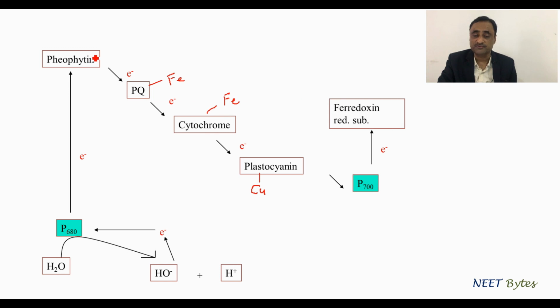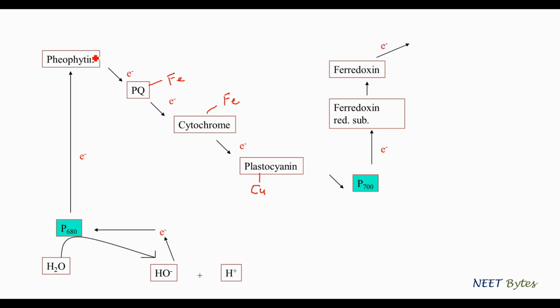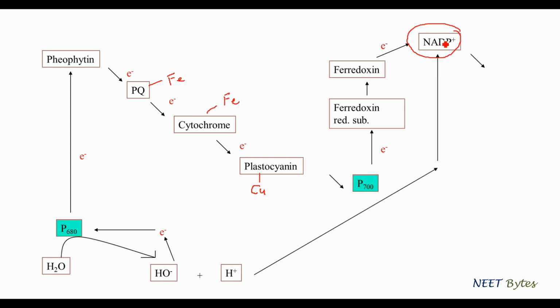From PS1 the electrons are accepted by ferredoxin reducing substance, right? And from there it goes to ferredoxin, okay? And then this electron is accepted by NADP ion, okay? Now this is joined by hydrogen, and as a result NADPH is formed.